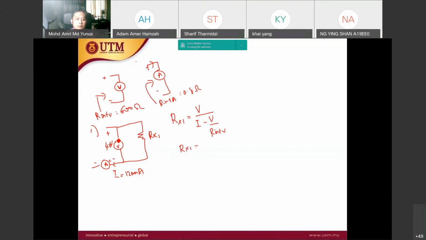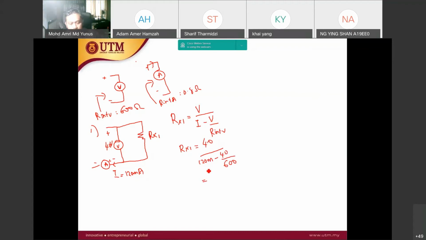V is 40 over 120 milli minus 40 over the internal resistance of the voltmeter, which is 600 ohm. Okay.